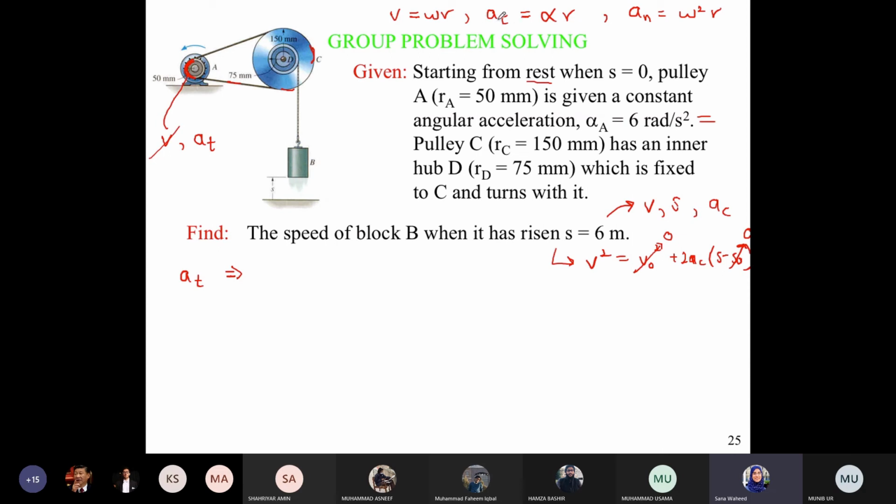So the tangential acceleration, which is in the direction of velocity, has an expression similar to velocity.